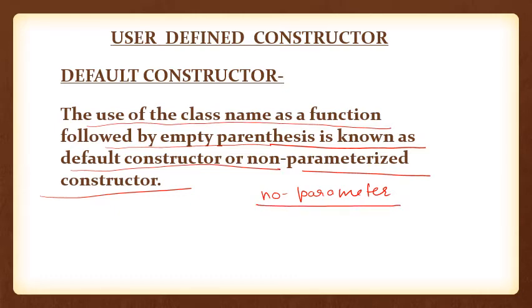In constructor, the name of class and name of function is same. If it is defined by the user, that constructor is known as a default constructor. It takes no parameter, that's why it is known as non-parameterized constructor. So default constructor is also known as a non-parameterized constructor.